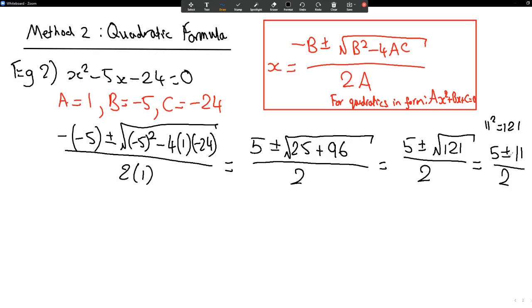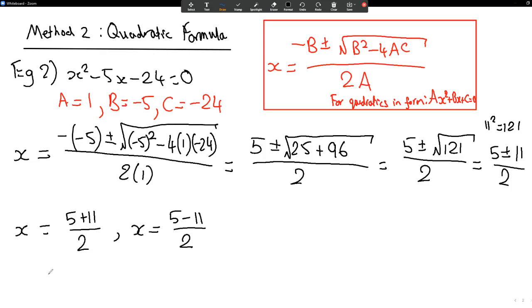Now what this plus or minus means is that the two solutions for x, sorry, I needed to put x there. The two solutions for x will be, one solution will be when it's plus, and one solution will be when it's minus. So x equals 5 plus 11 over 2. X also equals 5 minus 11 over 2.